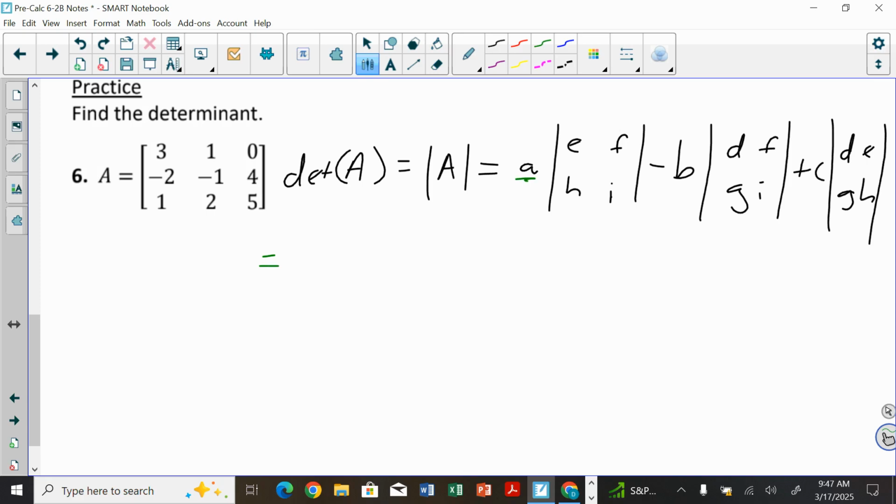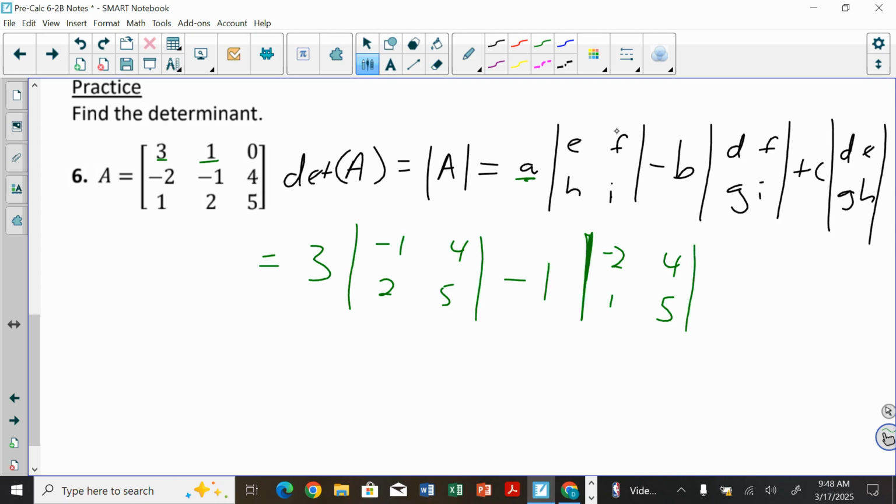The A value here is 3, so it's going to be 3 times the determinant of EF and HI, which are the bottom right-hand corner, basically -1, 4, 2, 5. Then I'm going to subtract B. Well, B is this one, so we're using 1 times, and be careful not to make brackets because people think matrices then, -2, 4, 1, 5 would be the values we're finding the determinant of there.